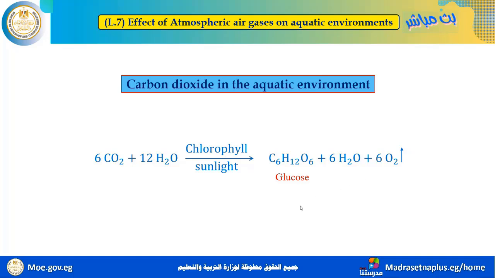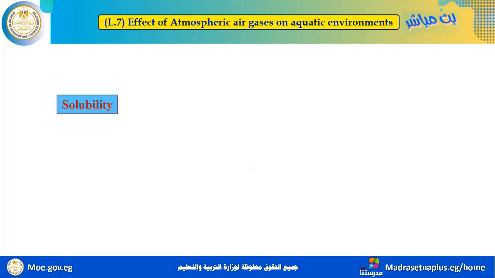So here the glucose is a source of the energy which the living organism needs to survive and to continue their activities. So don't forget that the carbon dioxide is the main source to form the compounds which we need to produce the energy.